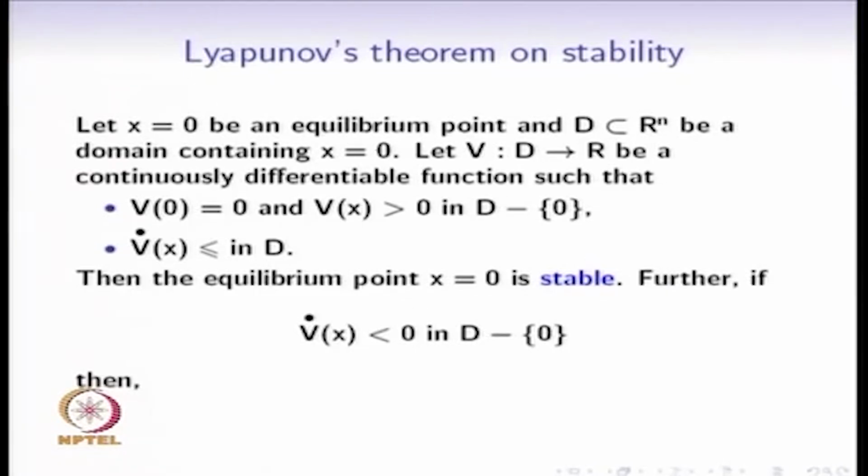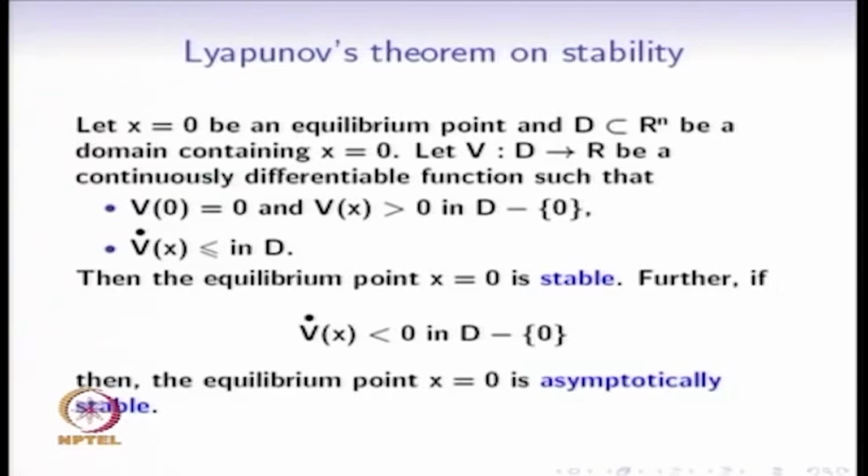Further, in addition, if this function V is continuously differentiable, it is equal to 0 only at the equilibrium point 0, and it is positive at every other point, and if V dot is strictly less than 0 over the domain D except 0, at all the points except the point 0, if it is strictly negative, then the equilibrium point is not just stable, but it is asymptotically stable. So, this is Lyapunov's theorem on stability.